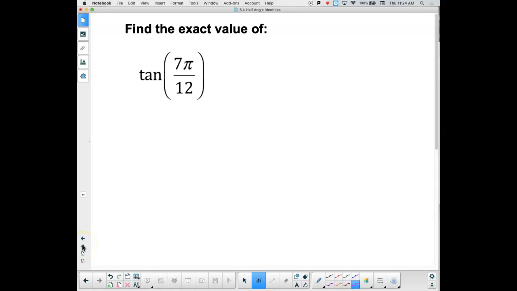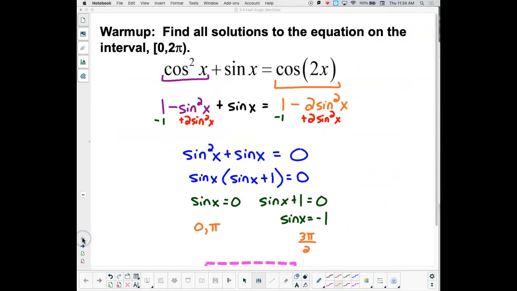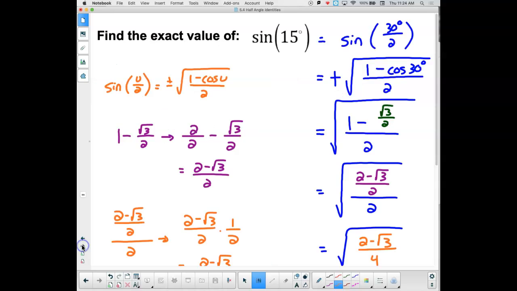Tangent now. You have 3 choices to choose from for tangent. Which one looks the easiest? The second one right here for me? That one? Okay, let's utilize that one.